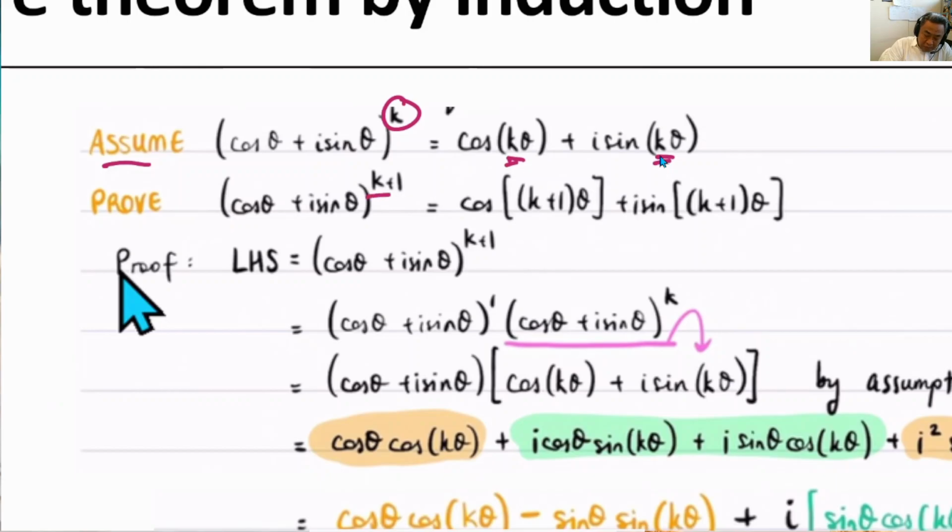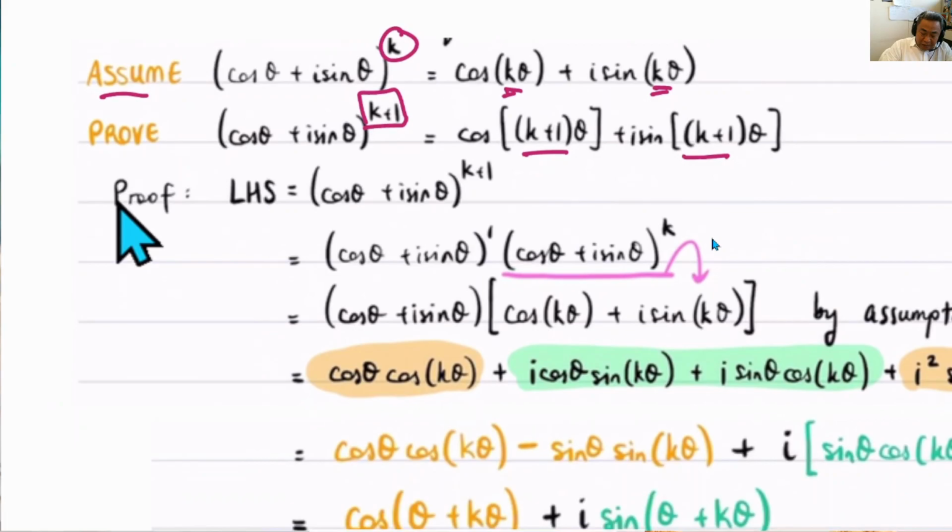And we want to prove by induction that if we already have cosine k theta plus i sine k theta, and we increase k by 1, are we going to get this formula over here, where k plus 1 moves into the angles within the cosine as well as the sine.